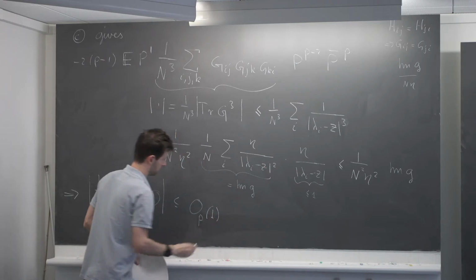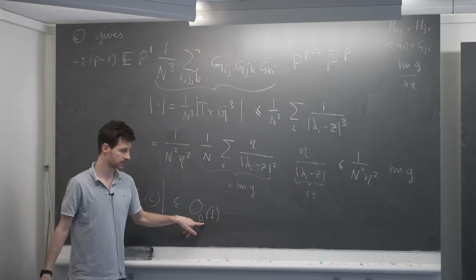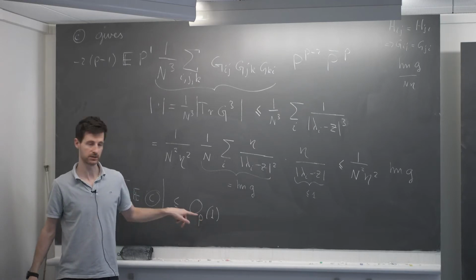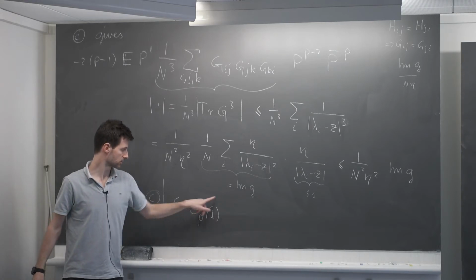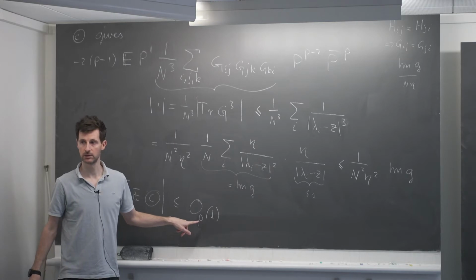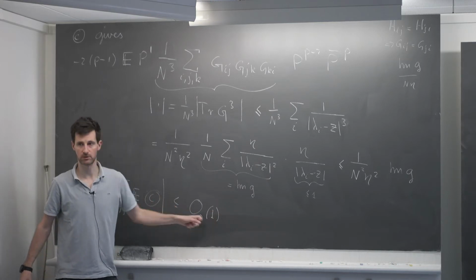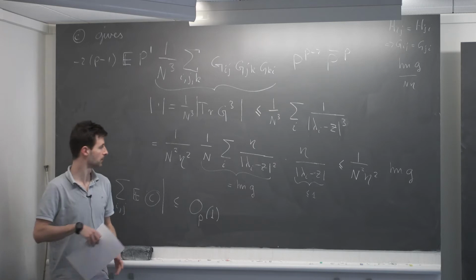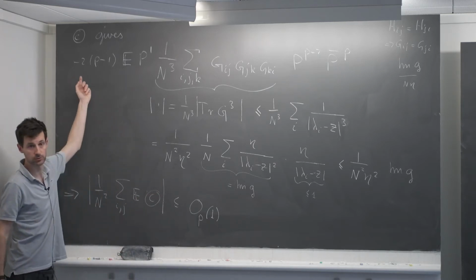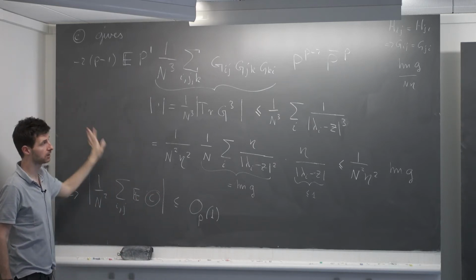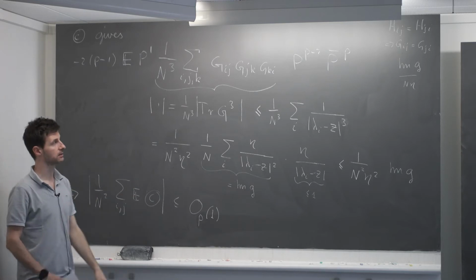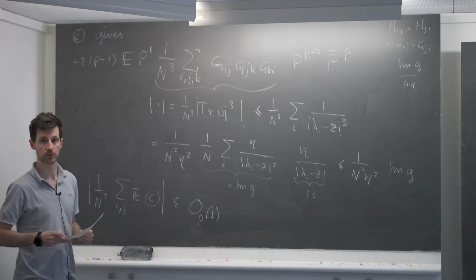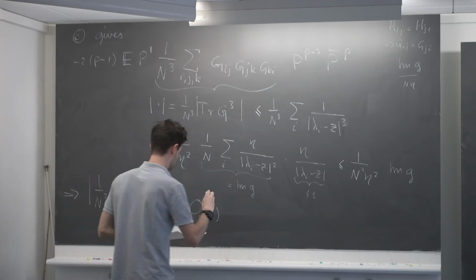So let me write it like this, big O of 1, and I keep a subscript here to remind myself that this is a constant that depends on p. Okay? So this notation is just my notation for a constant that depends on p, which in this case is just 2 times p minus 1, in fact. But I will have other terms of this kind, and I'm not interested in tracking these constants in p.